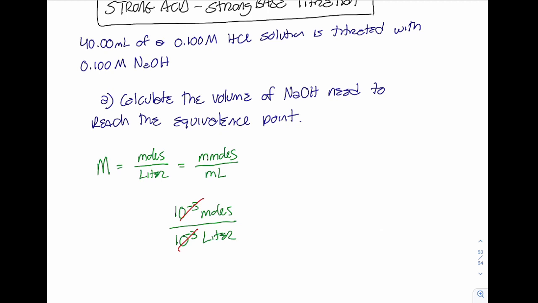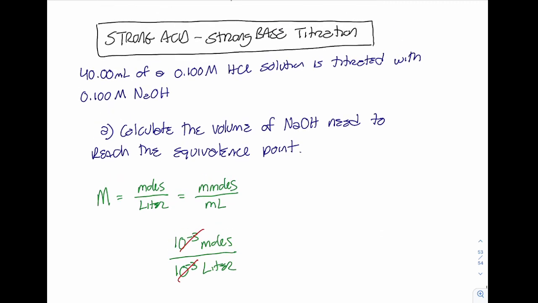Why I want to use this is because then I don't have to convert between milliliters and liters every time I do a calculation. If I didn't use millimoles, I would have to convert to liters, multiply to get moles, then divide to get liters, and then convert from liters to milliliters again. So I would have to do two conversions as part of the problem. By using millimoles, I don't have to convert between milliliters and liters.